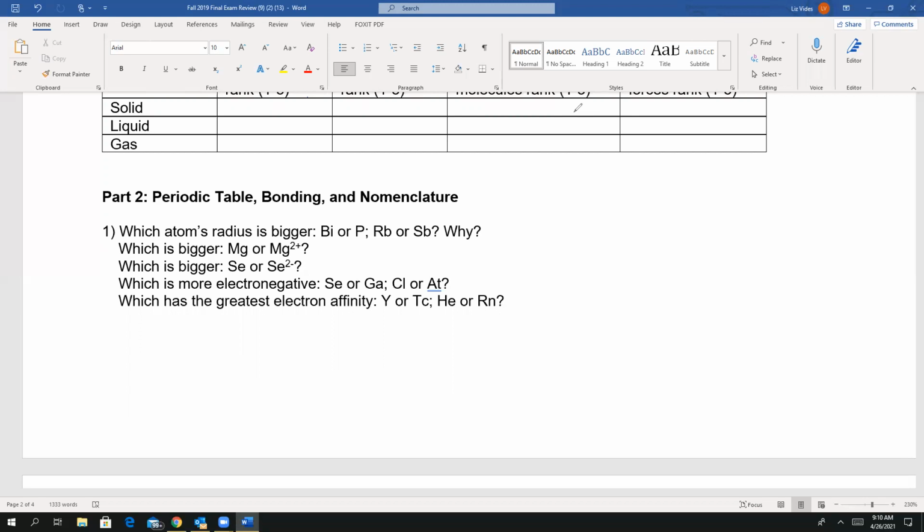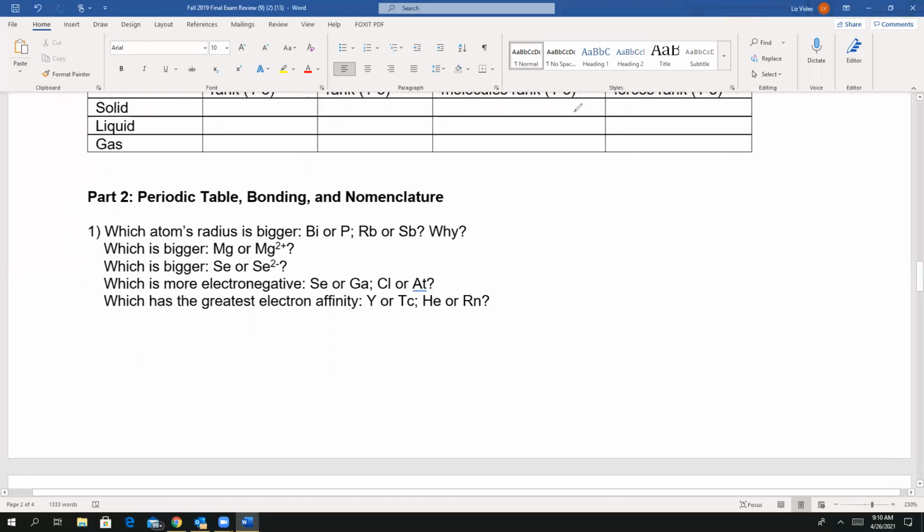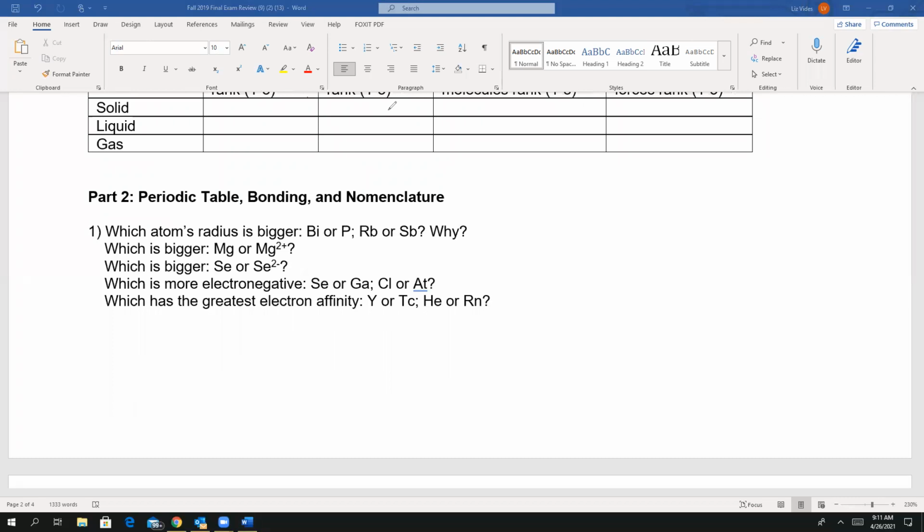All right. Remember, atomic radius increases from right to left and down, right? So remember that, okay? This is the answer why, okay?